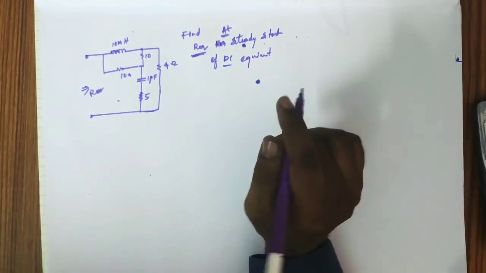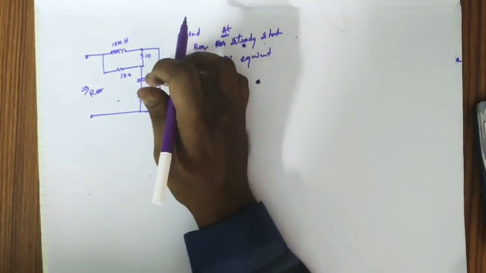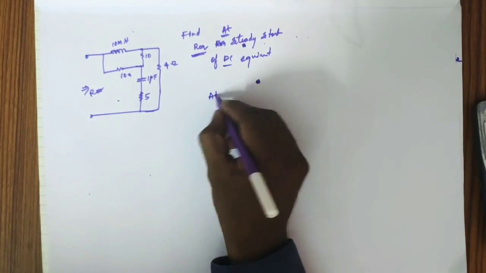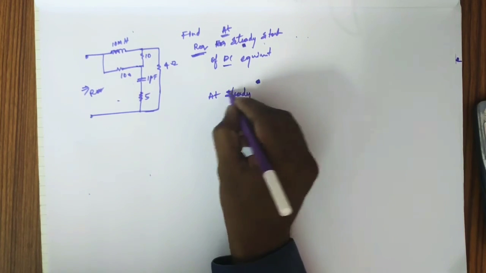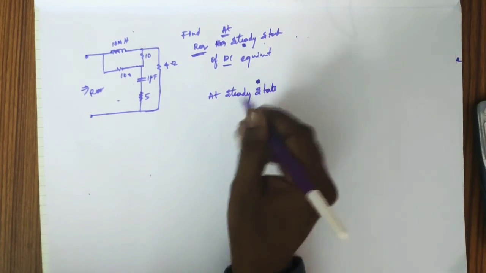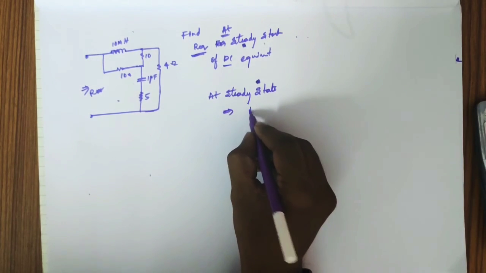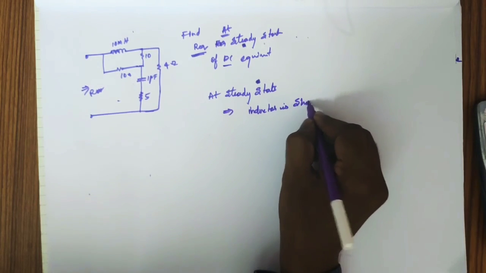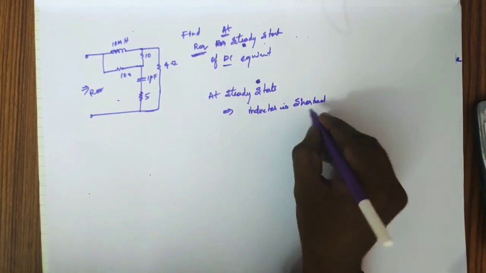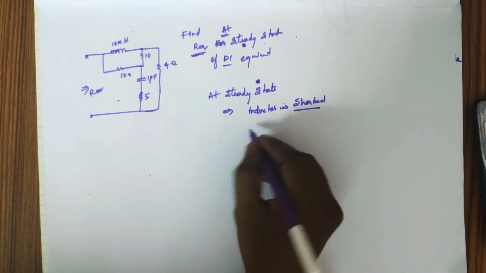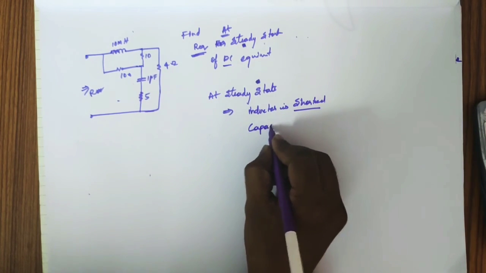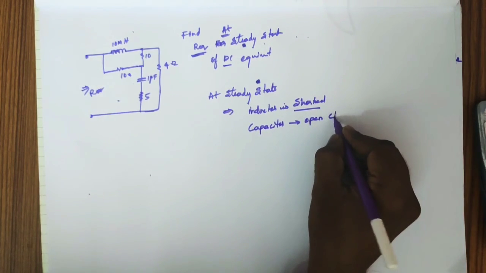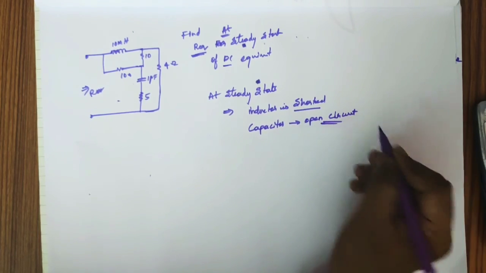So when you see this, you may ask, sir, an inductor and a capacitor are there, how will you find R equivalent? So at steady state, whenever you observe the circuit at steady state, the inductor is shorted. The inductor is replaced by a short circuit and the capacitor is replaced by an open circuit. The reason I'll explain later.